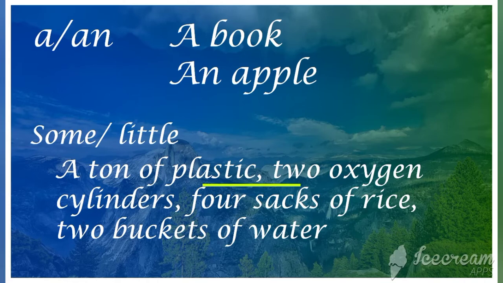This word is numerical. And 2 oxygen cylinders, numerical. 2 is a number, right? 4 sacks of rice, giving a number. And 2 buckets of water. So by this we may also use numerical identifiers. I think you can get me.